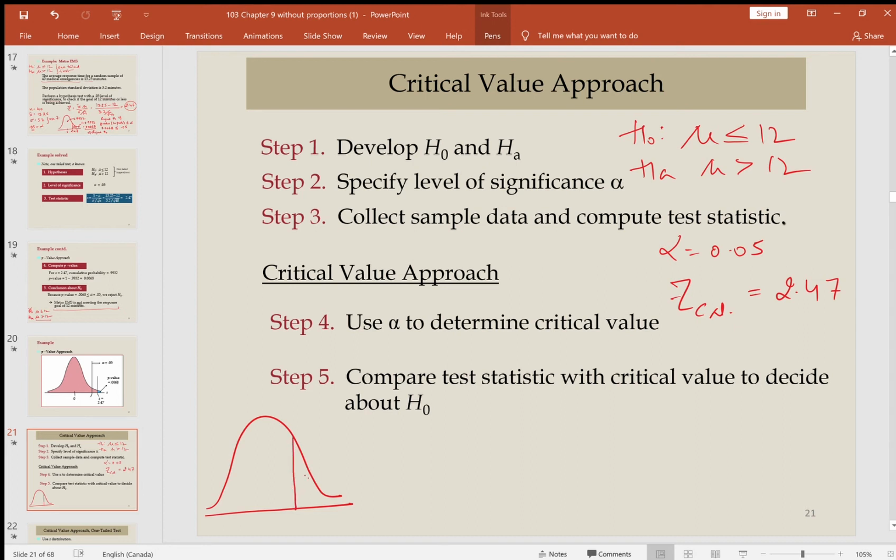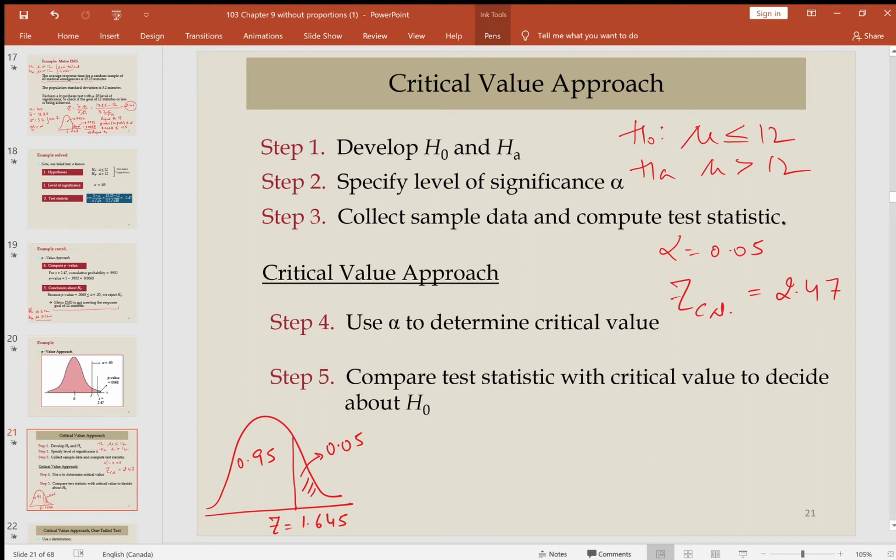So alpha is 0.05. If this is 0.05 and this is 0.95, and you look up the z table, then z should be equal to 1.645. Compare the test statistic with the critical value.